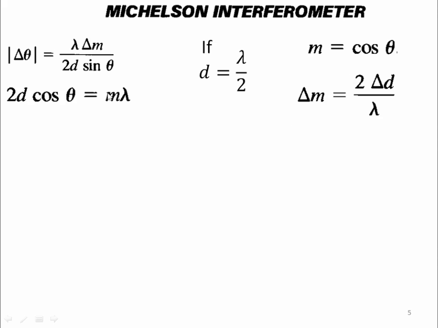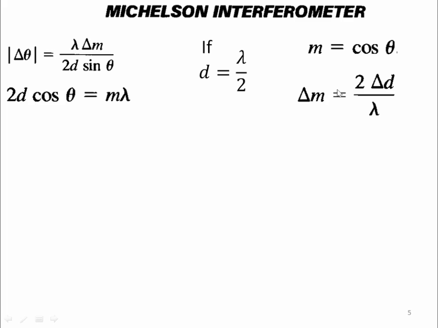This is the same equation we can use. Theta is close to 0, then this will be 1, so m is equal to 2d by lambda. So suppose wavelength is fixed, then delta m is equal to 2 delta d by lambda, correct? Means if we are observing at center or on the optical axis, then change in order should be proportional to change in the distance between the mirrors.